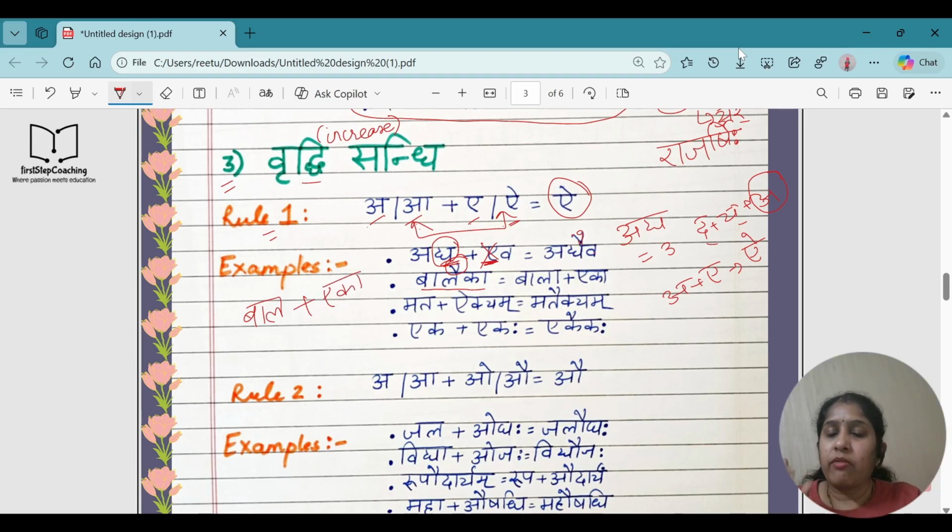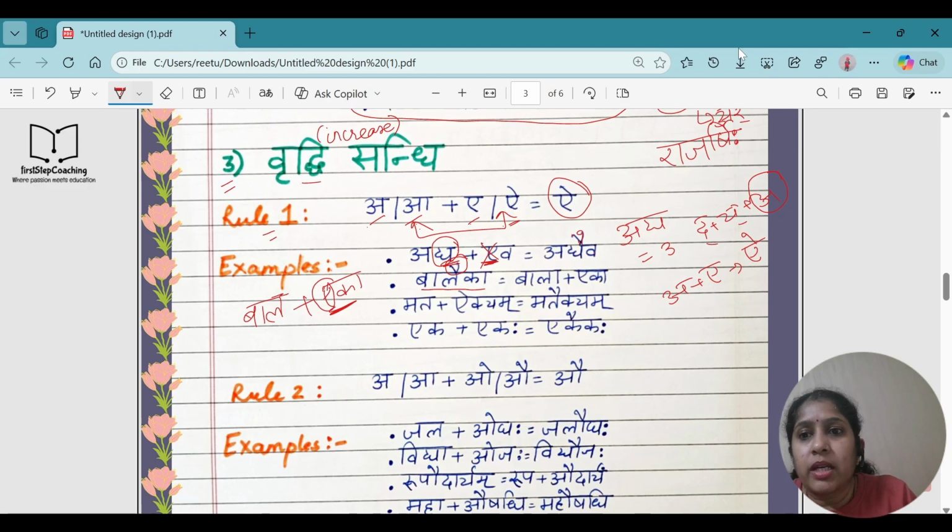Now I want to explain one more thing. If you are having here eka, correct, it's a, right? So eka means one, and eka is a feminine word. Okay, so we have to use eka for a feminine word. So bal is a masculine word, correct?